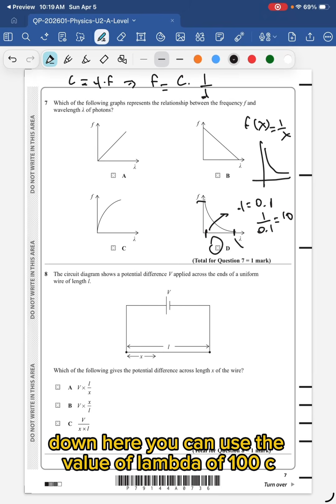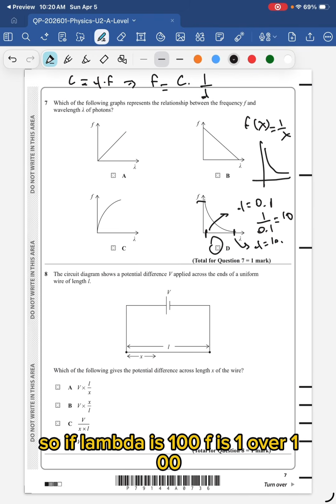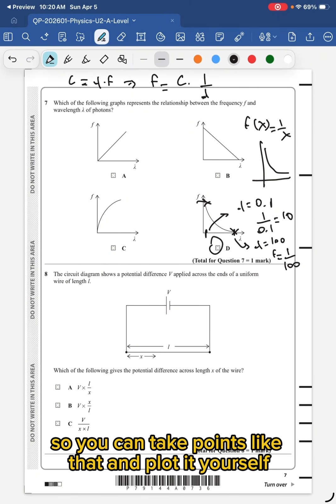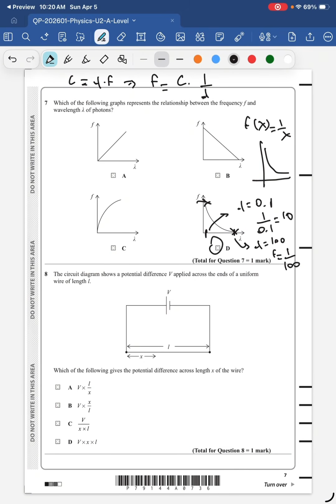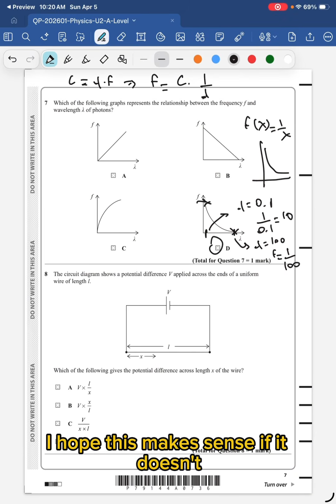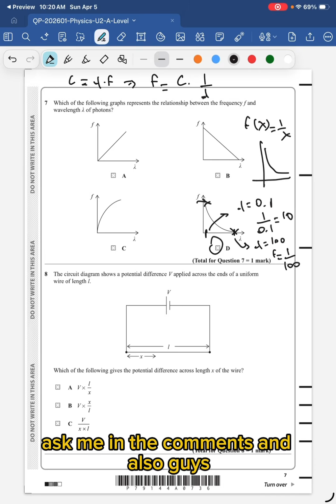Whereas down here, you can use a value of lambda of 100, say. So if lambda is 100, f is 1 over 100, so it becomes small. You can take points like that and plot it yourself in case you don't remember the form. Hope this makes sense. If it doesn't, ask me in the comments.